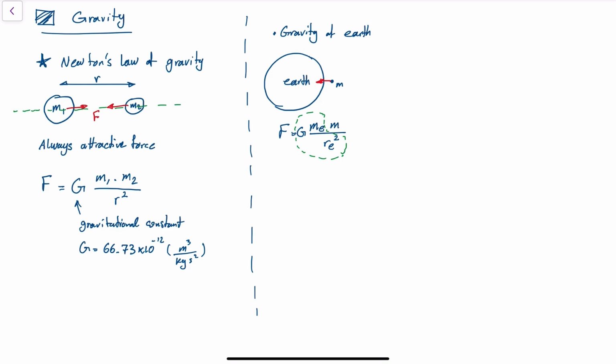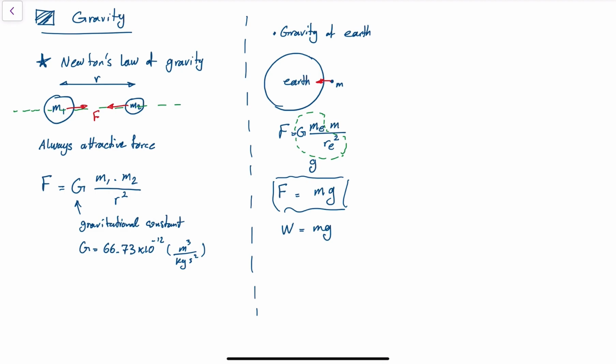So I have three constant values. We can calculate that and give it a different name. Let's call it little g. And in this case, force of gravity becomes mass times this little g. And this is the familiar form that you may have seen before, or sometimes we call it W for weight equals mg. And that is weight of the object.